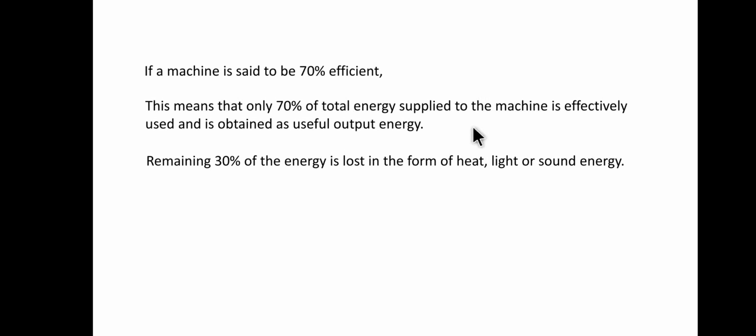For example, when a machine is used over a period, it gets heated up, it may produce sound energy as well, and in some cases you may even see sparks of light. So some energy provided to the machine is lost in the form of heat, light, sound, or maybe other forms of energy.